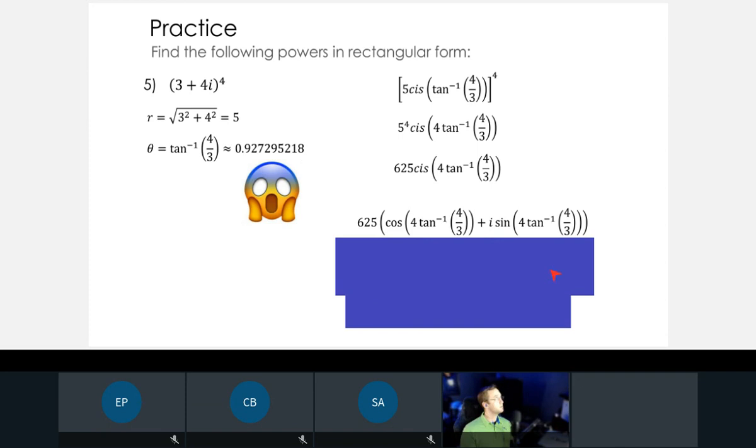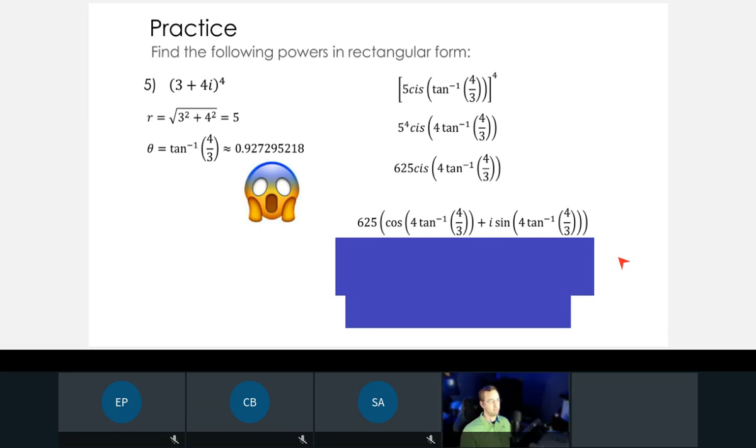So we're typing cosine parentheses 4 arctan parentheses 4 over 3 in parentheses, and then hit enter. All right, so what Emily wrote in chat is what you get. Negative 527 over 625.